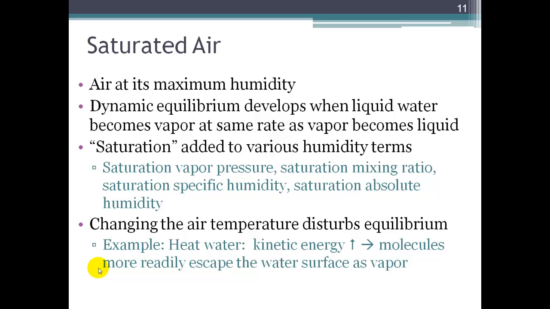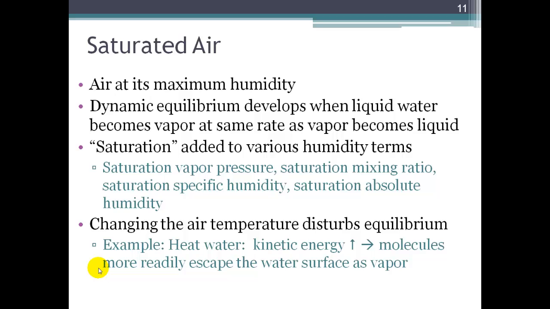So that's another way of saying saturation. So we can add the word saturation to these different measures of humidity, like saturation vapor pressure, saturation mixing ratio, and so on.